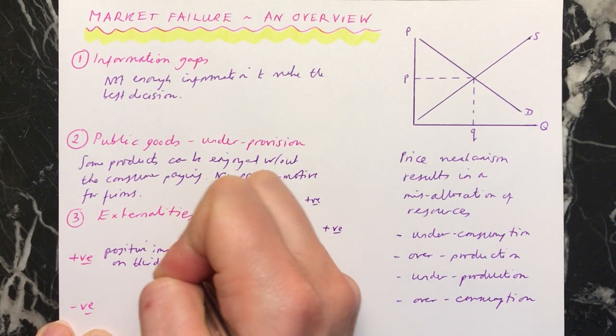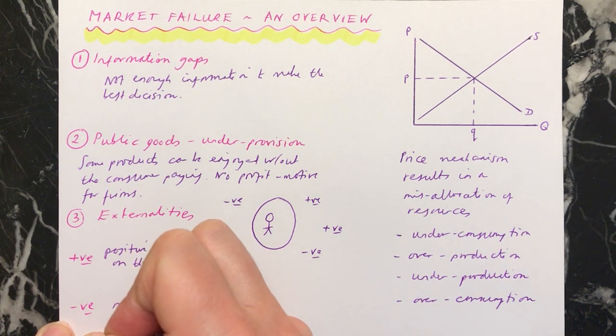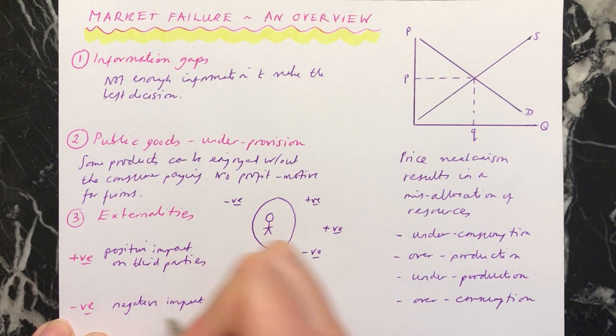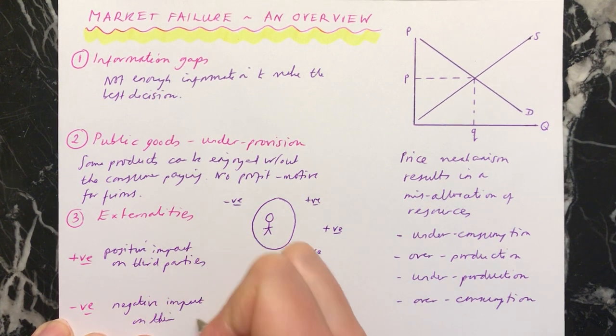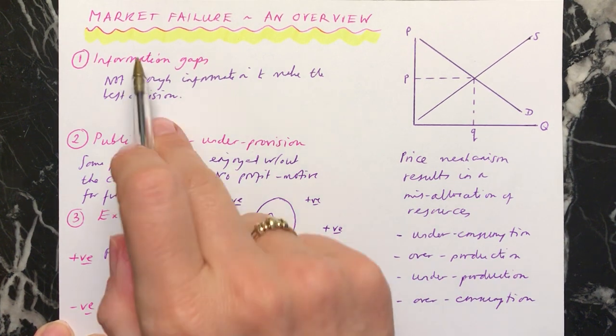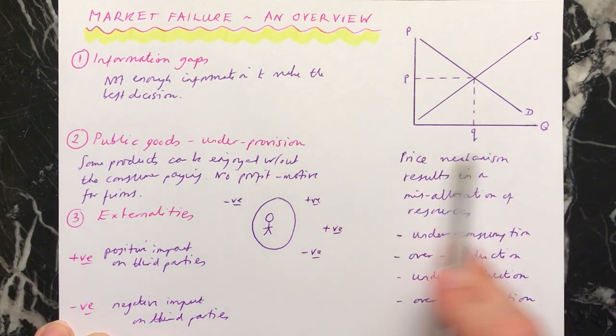So they're parties not involved in the transaction, they're not inside the bubble. Negative externalities are where something is causing a negative impact on third parties. And in all of these examples, we have got the price mechanism resulting in a misallocation of resources.